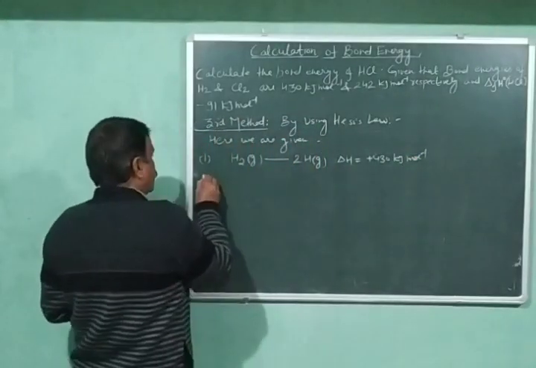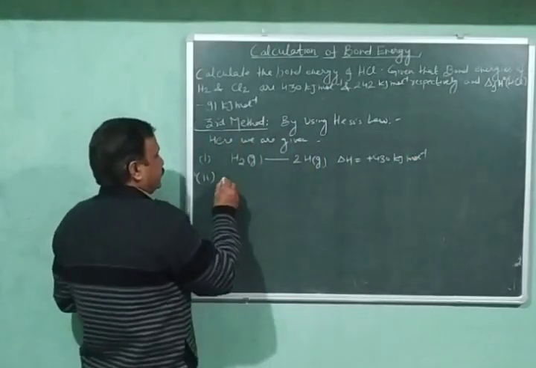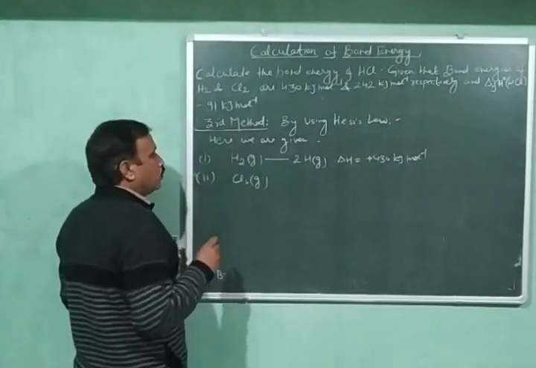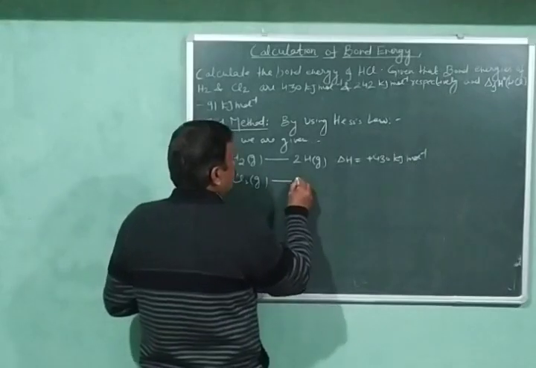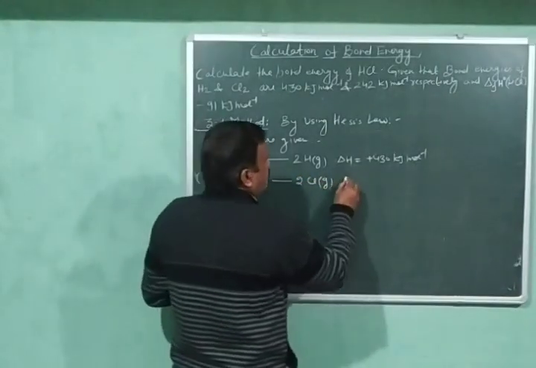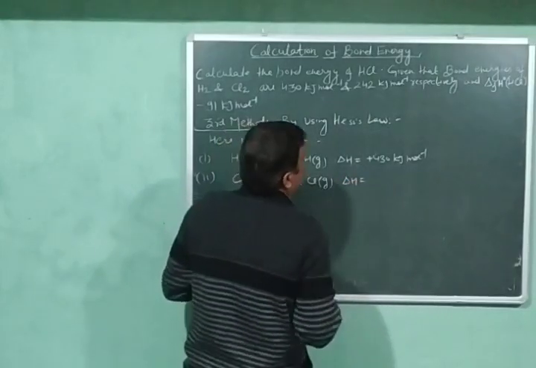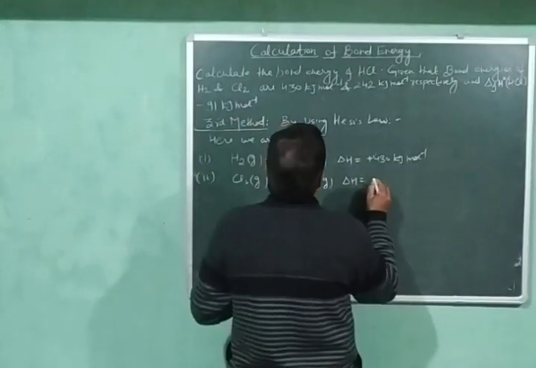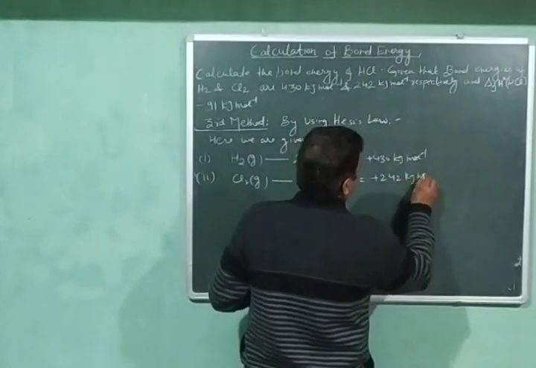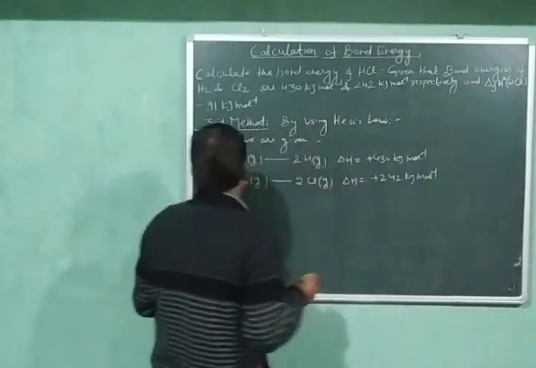And equation number 2, that is, dissociation of 1 mole of chlorine molecules into 2 moles of chlorine atoms, and delta H of this reaction is equal to plus 242 kilojoule per mole.